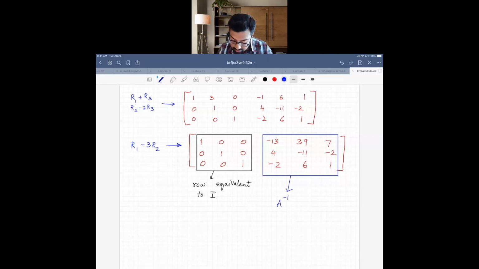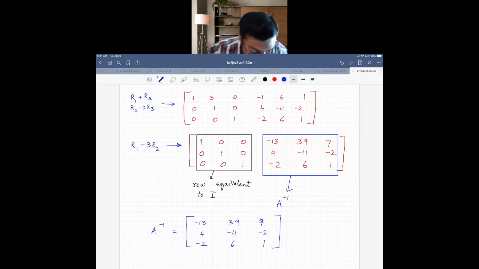So A inverse is simply negative 13, 39, 7, 4, negative 11, negative 2, negative 2, 6, and 1.